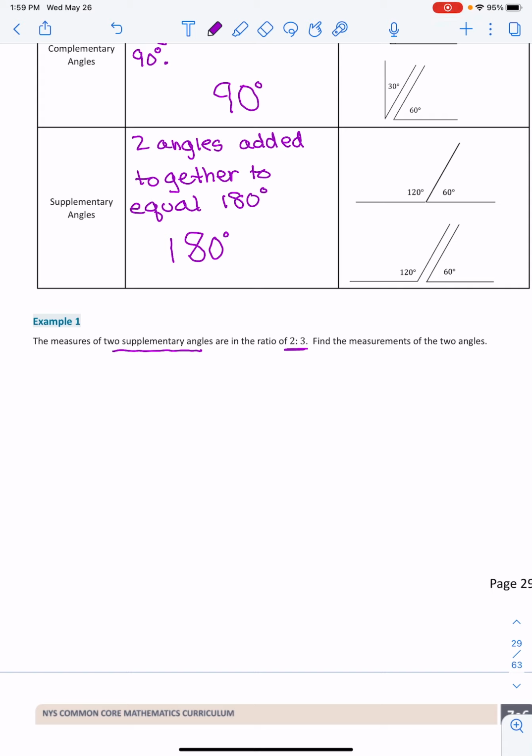When we have a ratio of 2 to 3, that means we are going to add x's onto the 2 and the 3. So 2x is my first angle, plus 3x will be my second angle, and that's going to equal 180 degrees because it's supplementary.